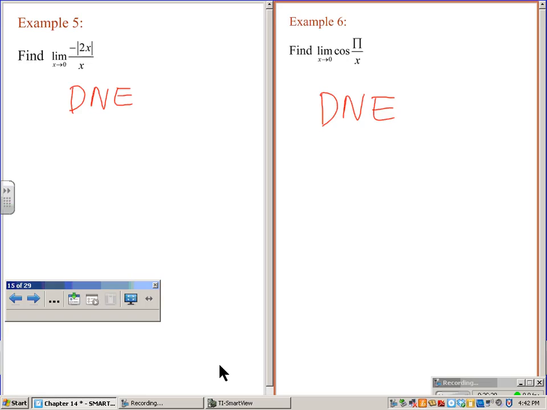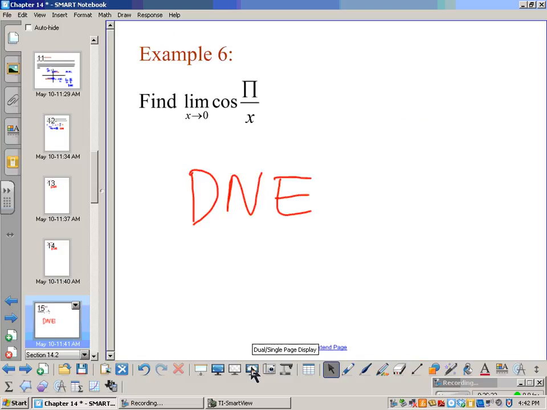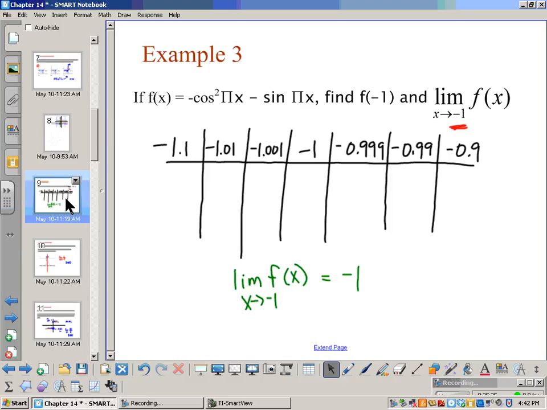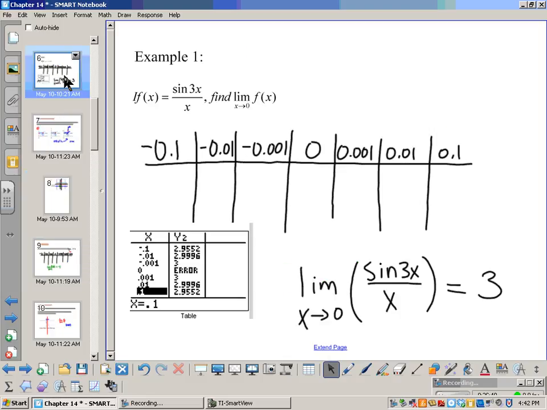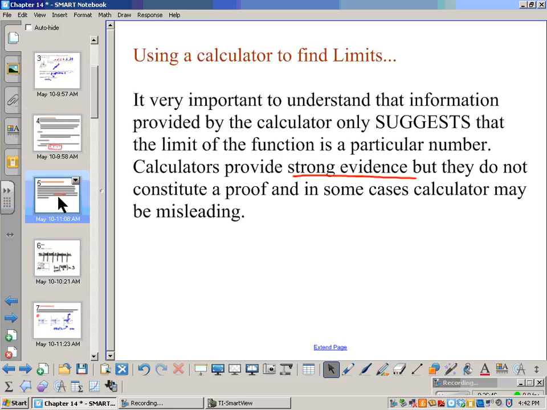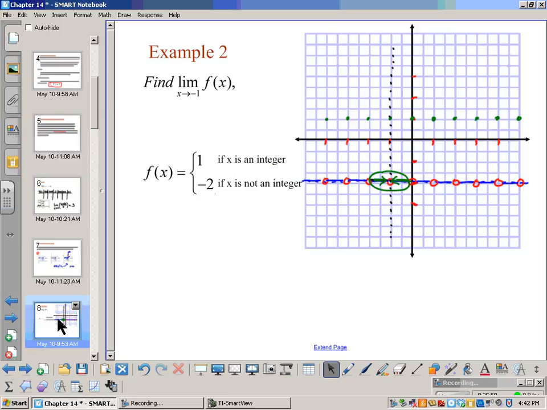One last thing, don't forget that I do want you to go back and work on that one problem, the piecewise function. It actually does have a limit. Let's see if I can find it. Here it is.